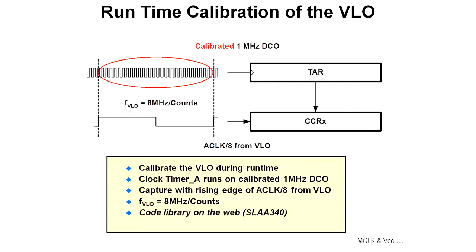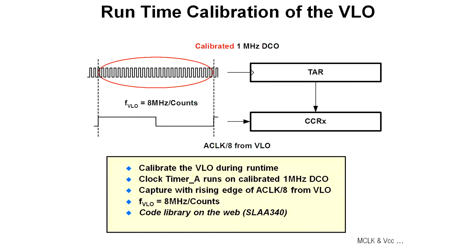It's also possible in your software to do a runtime calibration of the VLO. The VLO isn't terrifically capable in terms of accuracy, but we can calibrate it to the same accuracy as the DCO. In this case, we've run the calibration on the 1 megahertz DCO. We can use one of the timers to time the number of counts that we have on our VLO, so we can do a runtime calibration of the VLO as we're working in our application.